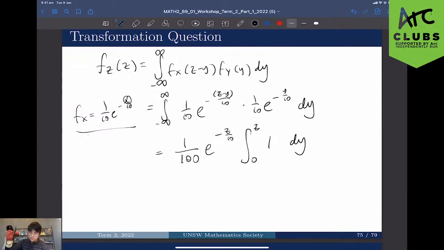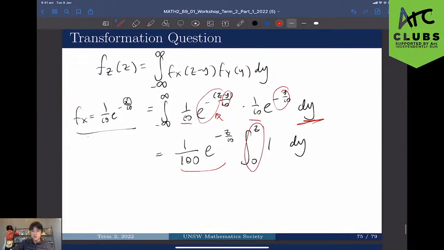Okay, so I've skipped a few steps here, but we will see that since this is plus y on 10 and this is minus y on 10, they're going to cancel out, and these two turn into 1 over 100. And we can factor out e to the power of minus z on 10 because we're integrating with respect to dy, so we can consider this in terms of z to be a constant. And the only thing left is the domain of y.